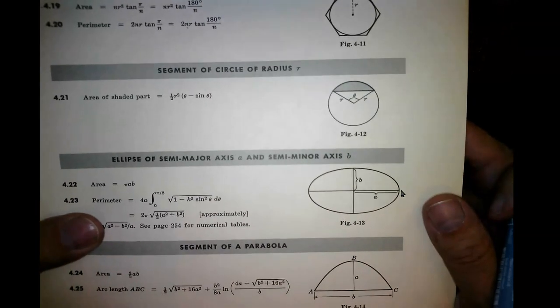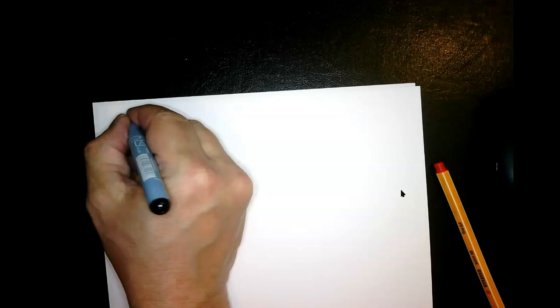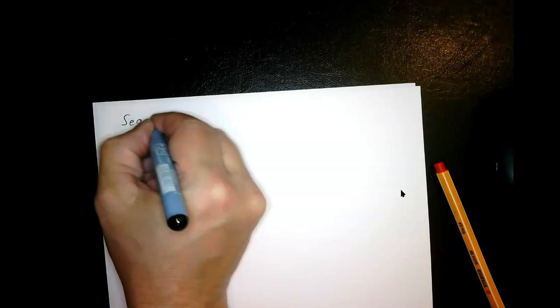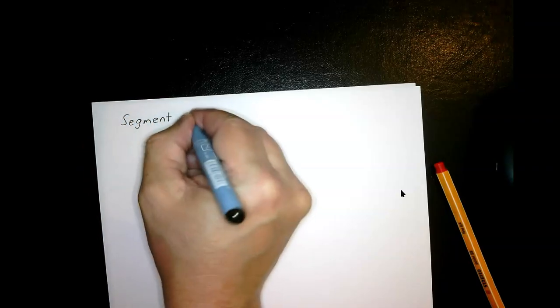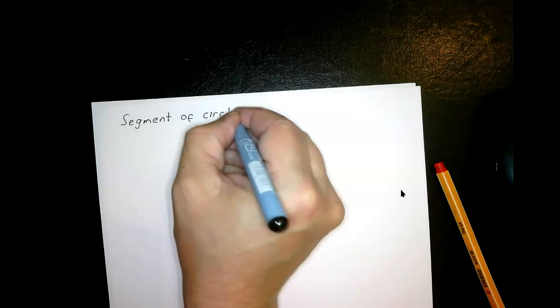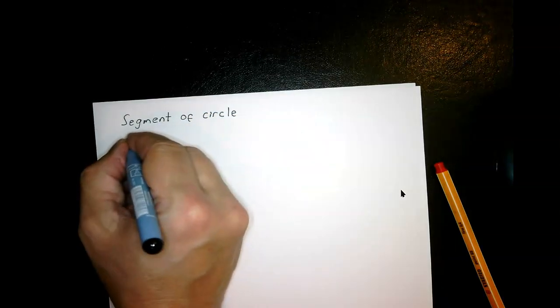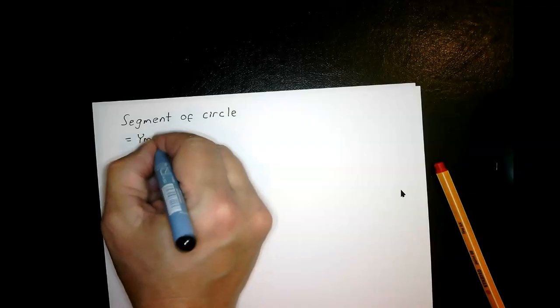Here it was called segment of circle. In Finnish, ympyrän segmentti.